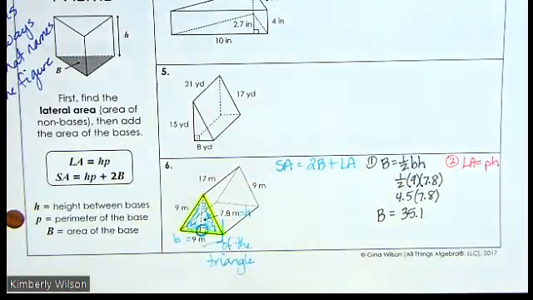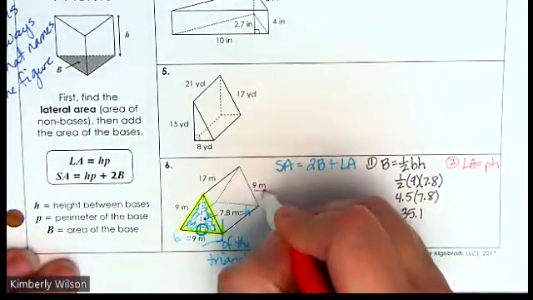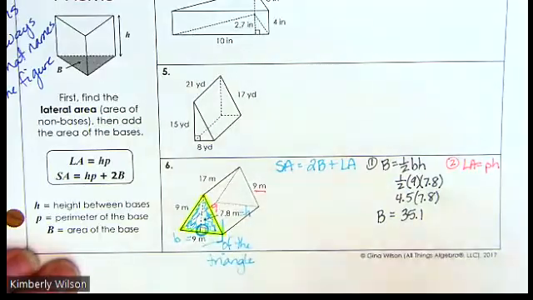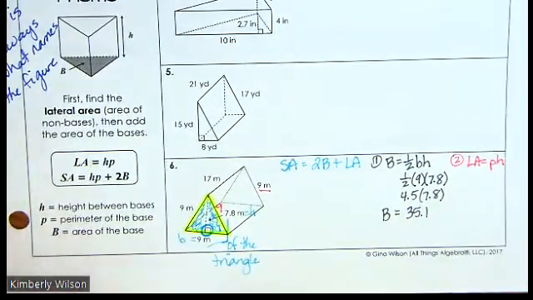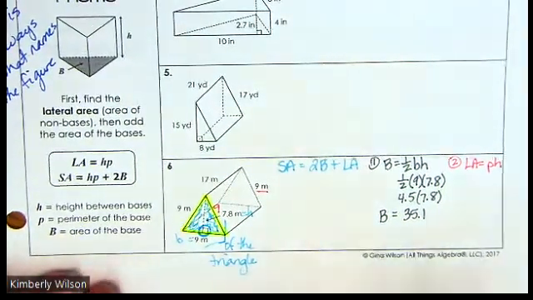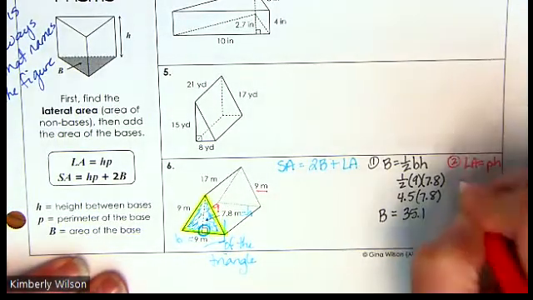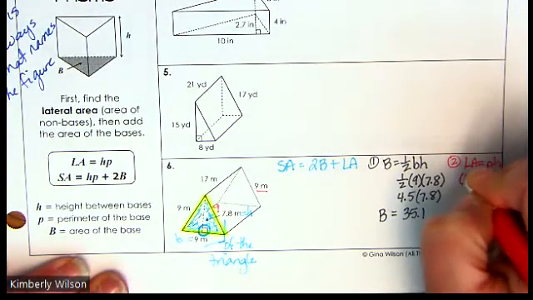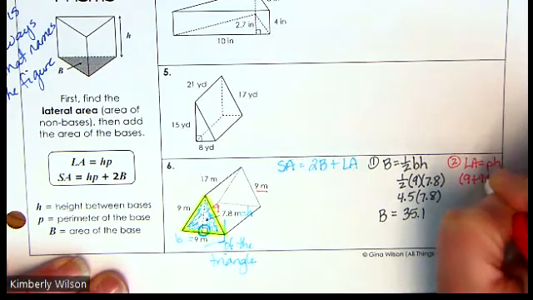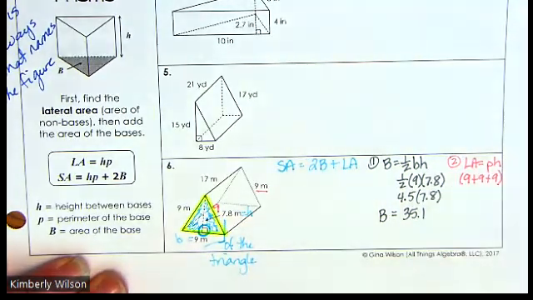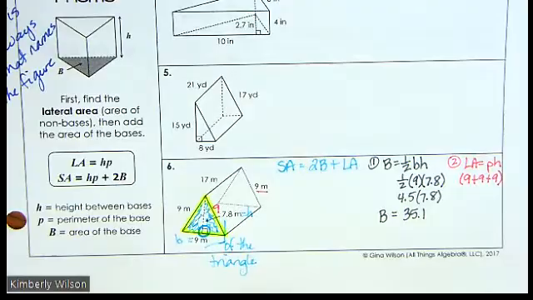Those 2 are 9s. Well, if this is 9 over here, that means this is going to be 9 right here. So therefore, all the sides of the triangle are 9. So I have 9 plus 9 plus 9 times, what's the height of the prism? Remember, this H represents the height of the prism.